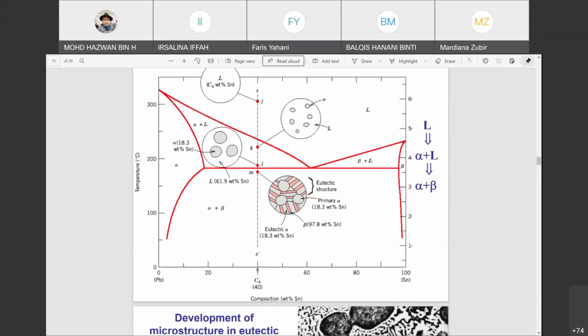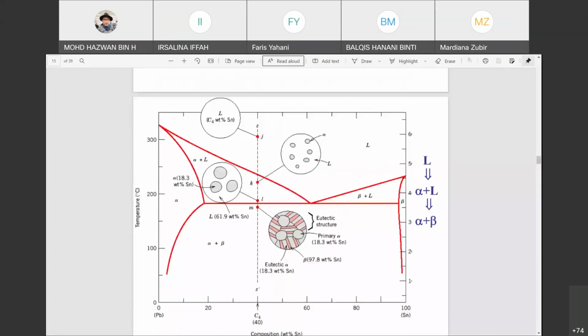And finally, I think we are going to look at the microstructure of a range in between 18.3 until 61.9. So what would be the microstructure?